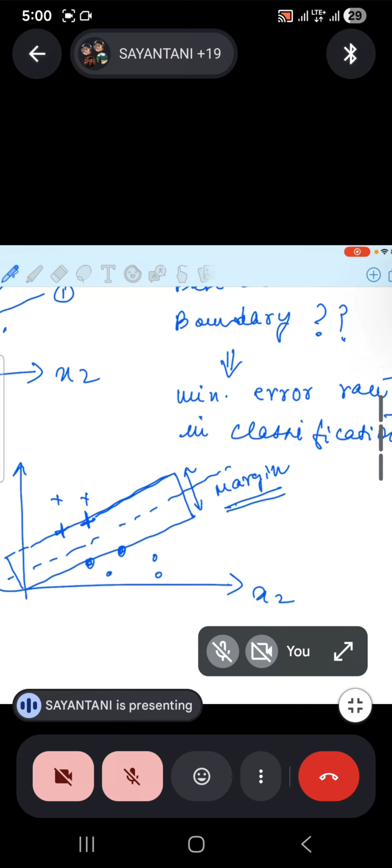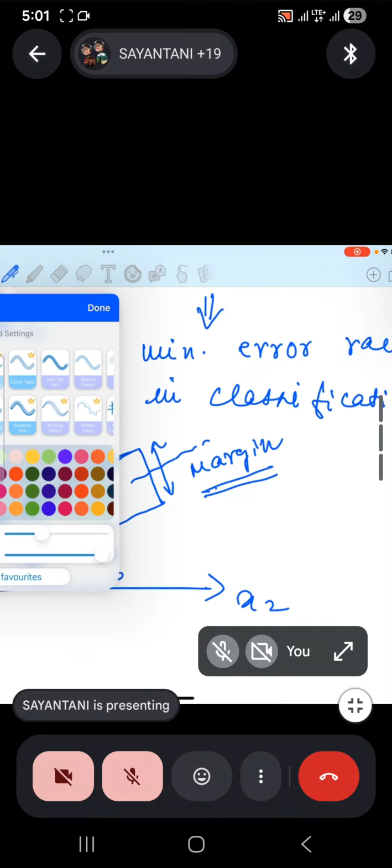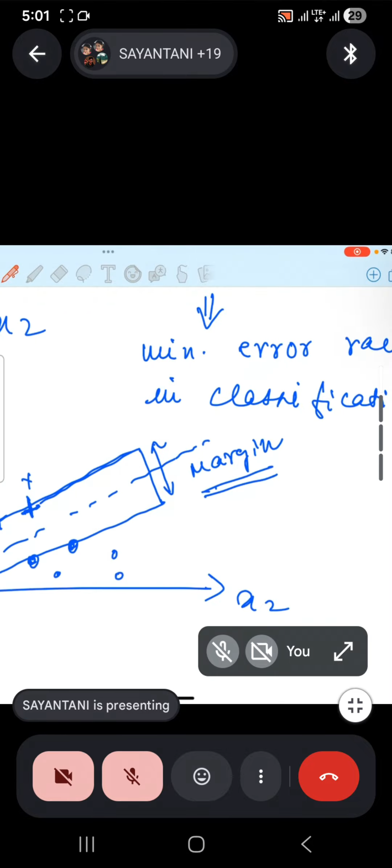So what I can do over here is, in this diagram, suppose originally the decision boundary can be written as W transpose X plus B equal to 0. That was a straight line.